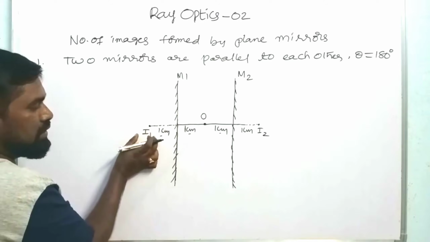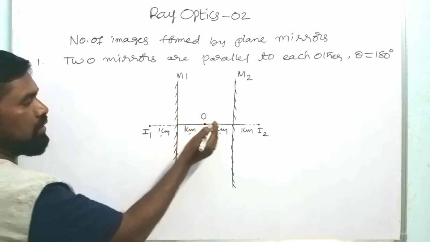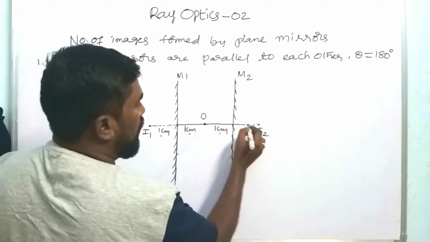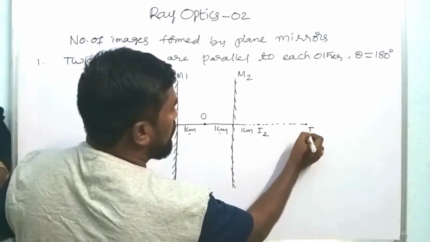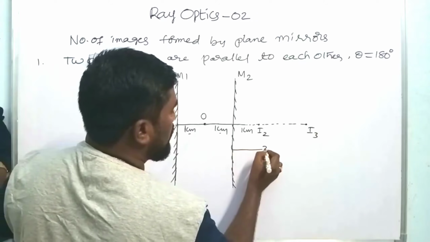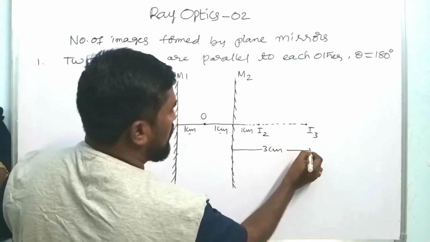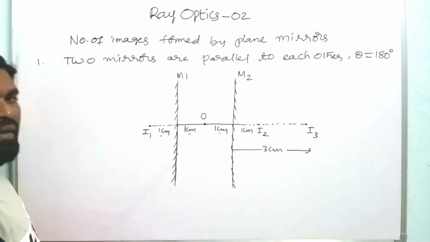Then the image should be formed at the distance of 3 centimeter. That is the third image.